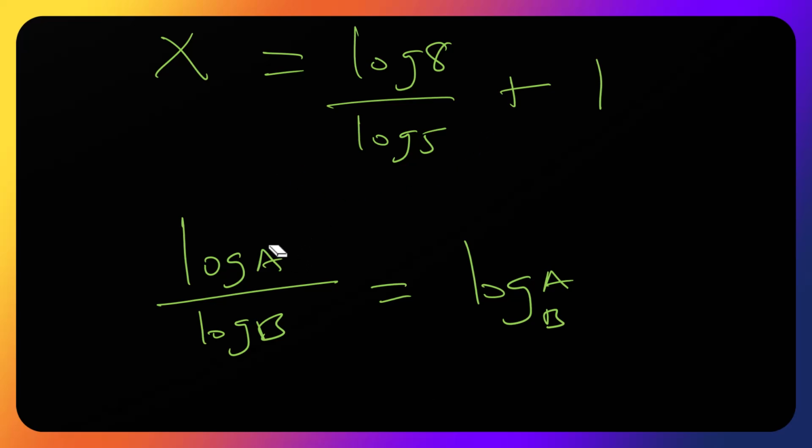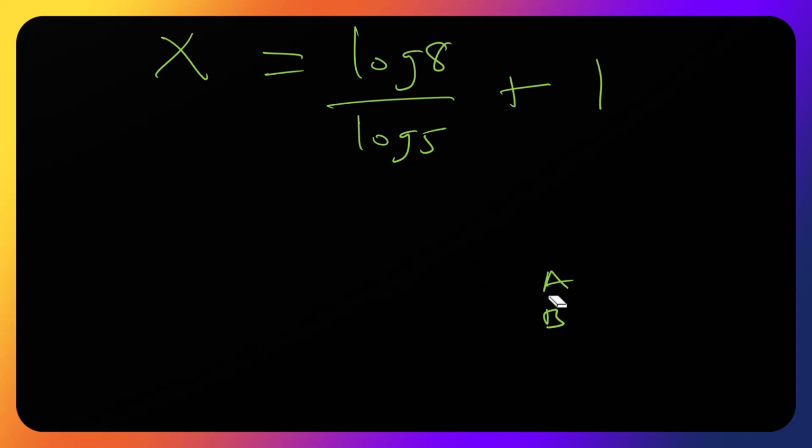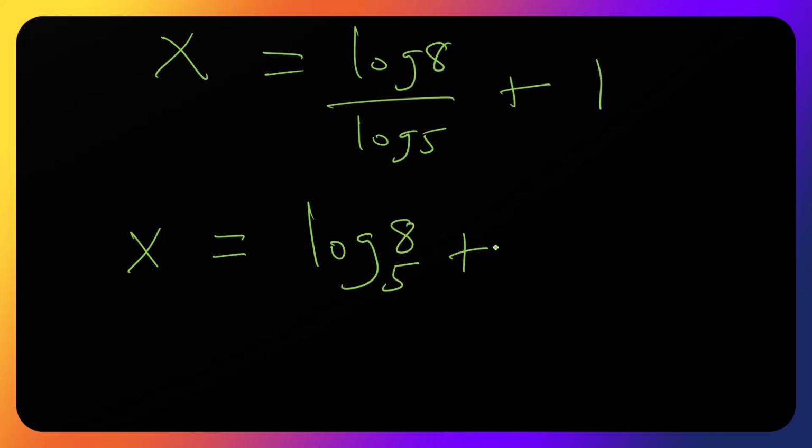So I'll write the first term here as x equals log 8 to base 5 plus 1, which is the same as, since 2 to the power 3 is 8, if I put 2 to the power 3 here, the 3 will come in front.